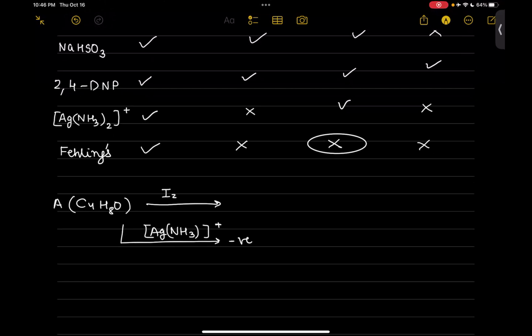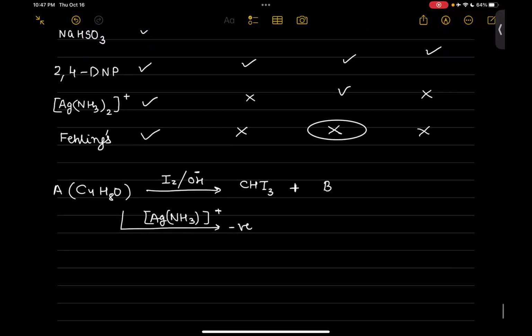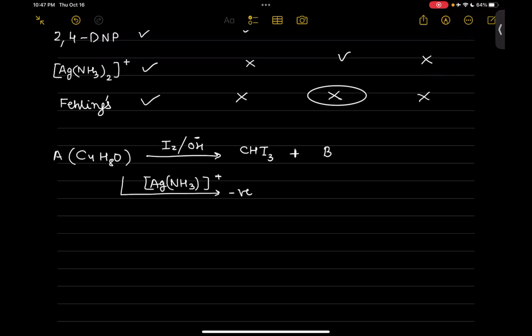But with I2 and OH-, this compound has given a yellow precipitate of CHI3 along with another compound B. So what is the structure of A and B?